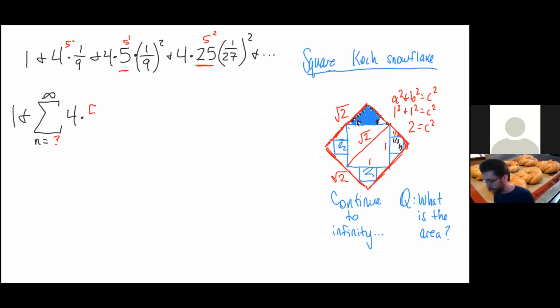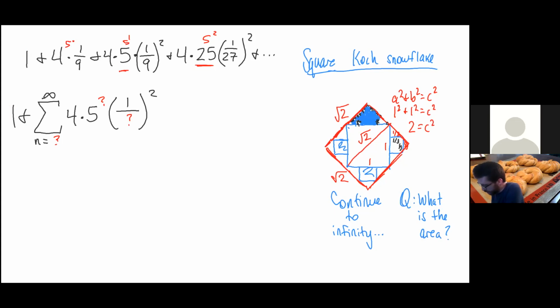Okay, so we'll say that's 5 to the question mark. All right, and then in each of these cases, I have 1/something squared. Okay, and keep in mind I left the initial 1 out front because I don't think I could use the pattern for that.